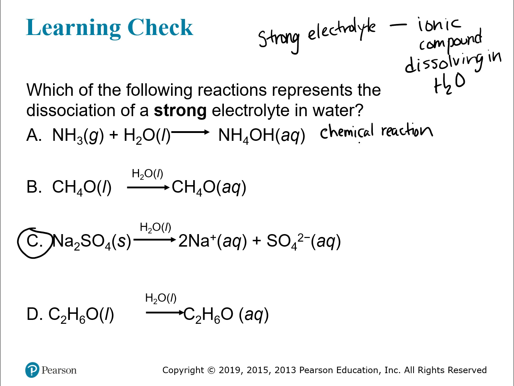So that's a chemical reaction. In B, we have methanol being added to water. So this one is actually an example of a non-electrolyte. And the same thing for D.